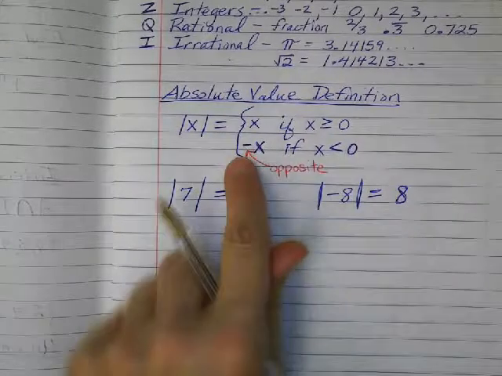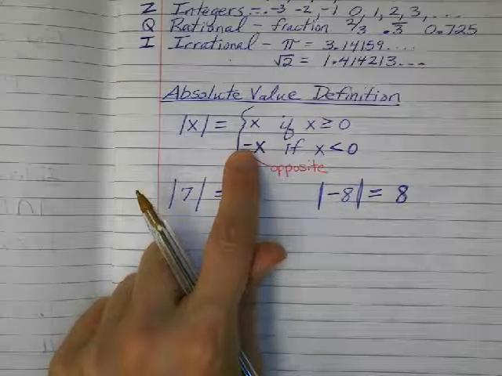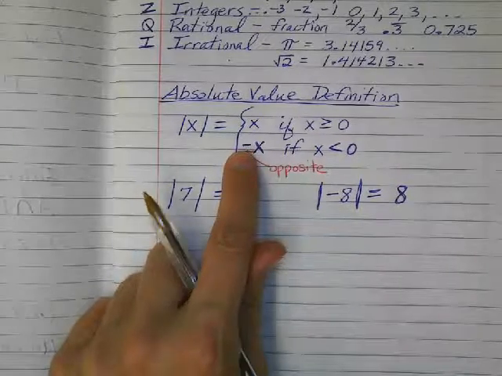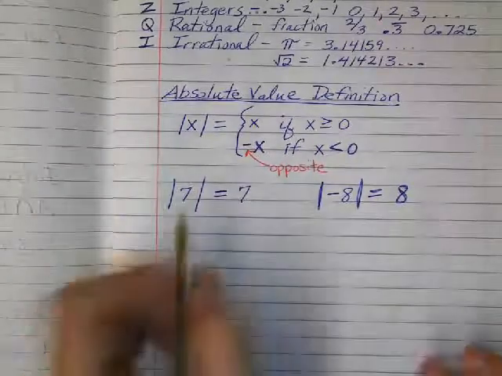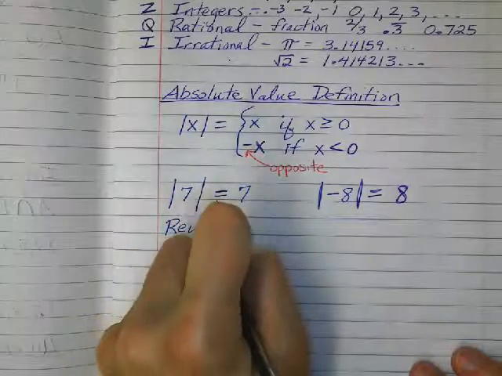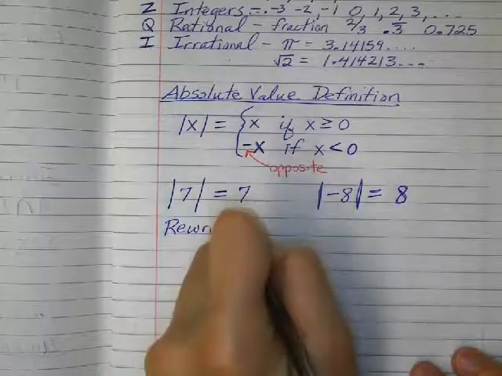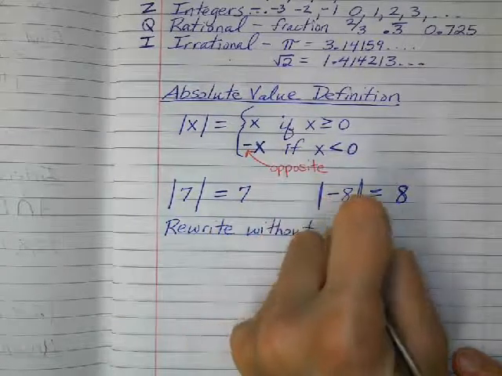So that's why I put this in red. It's like thinking I gotta switch the sign, flip the sign. I don't know if you've seen these kinds that say rewrite. There's a few in the book that say rewrite without absolute value.